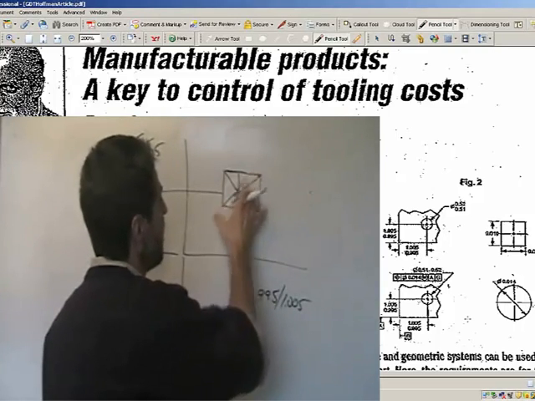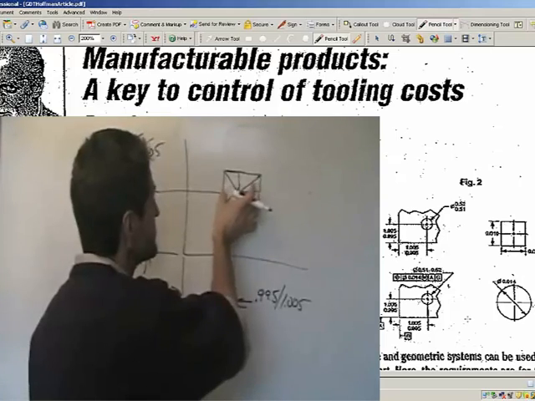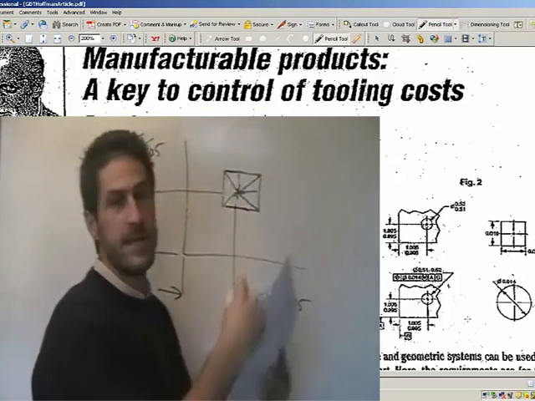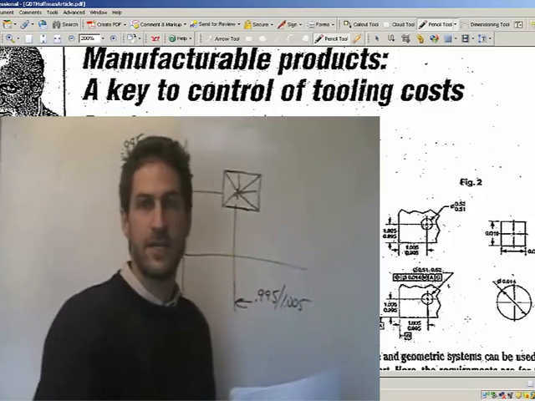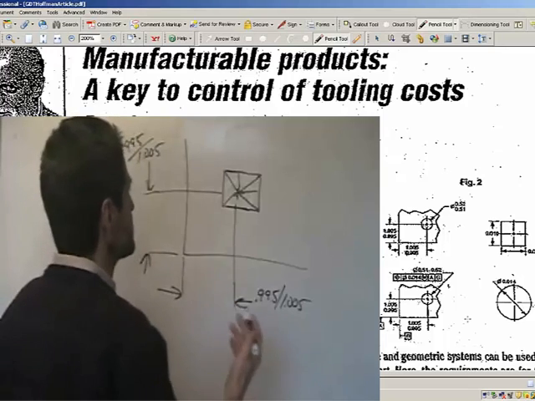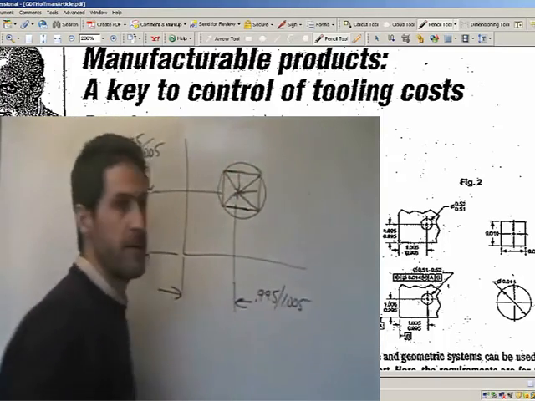That means if I'm off on this diagonal, I have more leeway. It's not as important as if I'm off side to side or top to bottom. That doesn't make any sense. If I'm trying to fit things together, if they're off in any direction, that's equally bad. So it doesn't make as much sense. We'd like to somehow have a circle there.